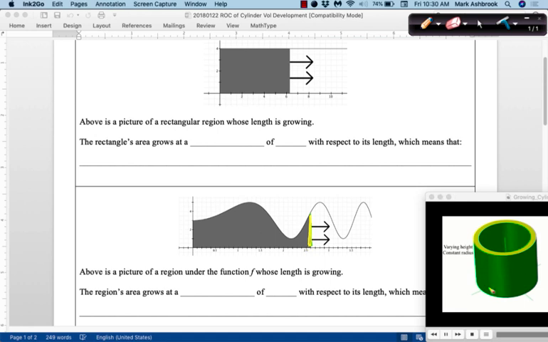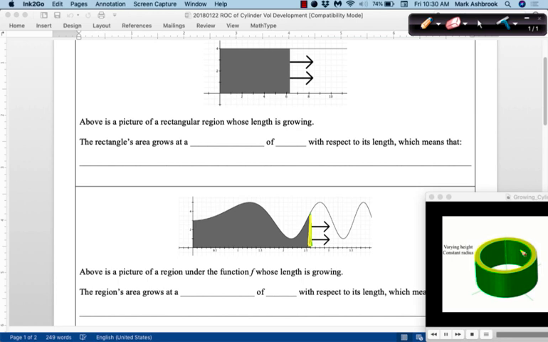How is this growing? How's the volume of the cylinder growing? Up. Where's it growing? In height, at the top, right? The leading edge is the top. And how much does it grow by if it goes up a little bit? The amount of the size of the leading edge. Do you see that?